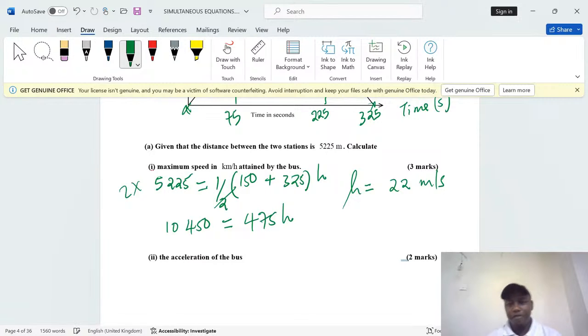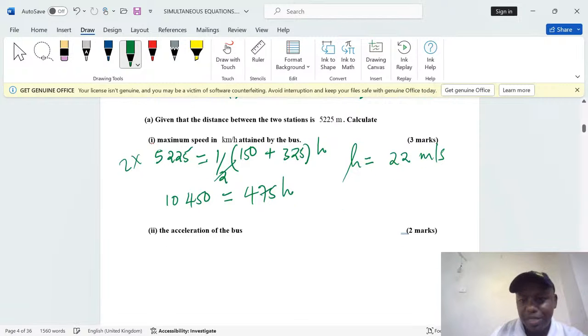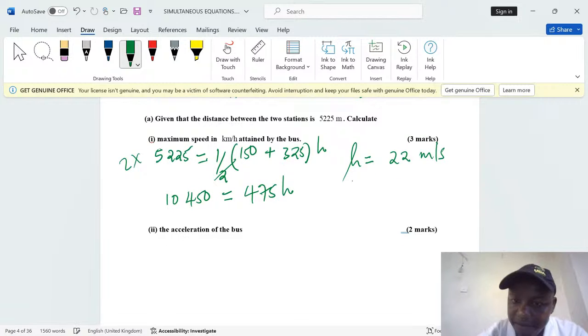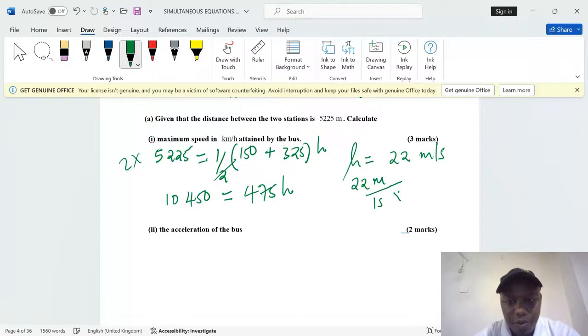Now we want to convert this to kilometers per hour. We have 22 meters divided by 1 second. That is what it means per second. Therefore, to convert 22 meters to kilometers, we have to divide by 1,000.